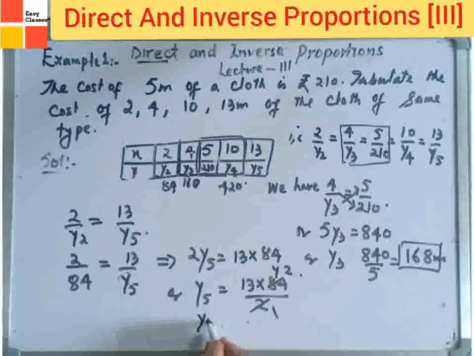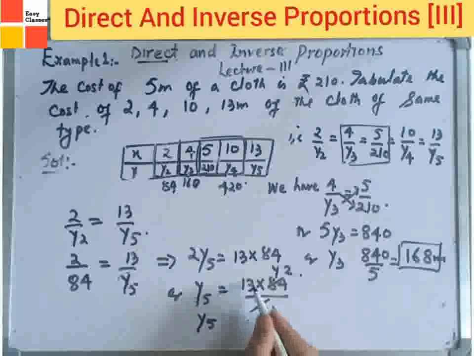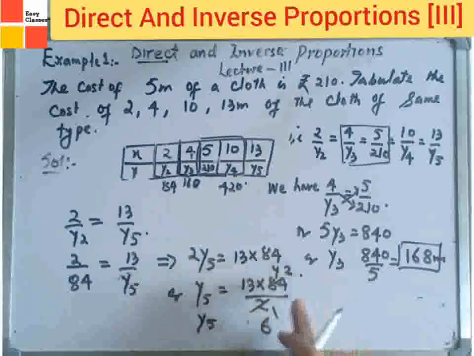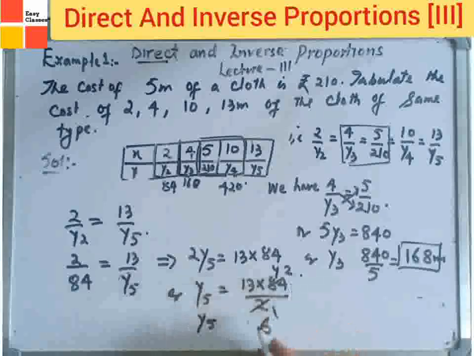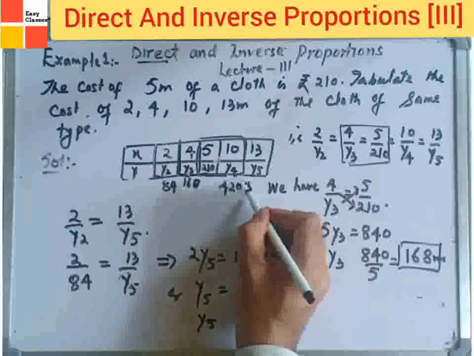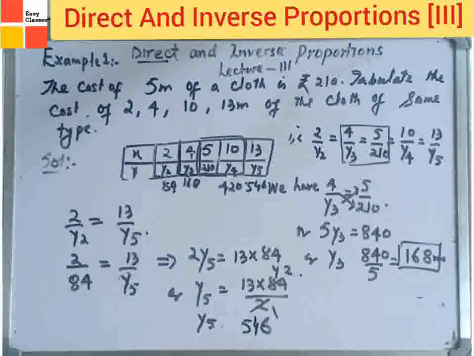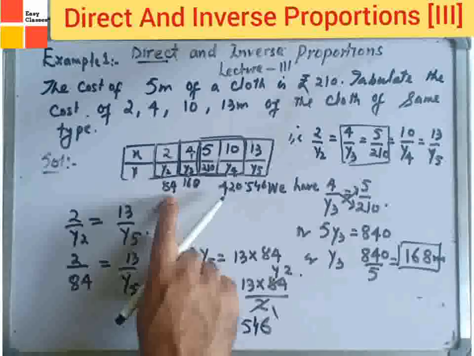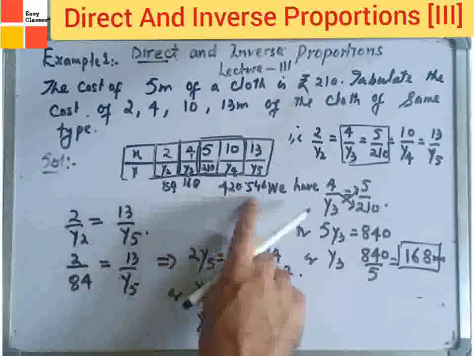Now we have to multiply 13 into 42. 13 2s are 26, 13 4s are 52, 52 plus 2 is equal to 54. So that is equal to 546. This I wrote in order to memorize this.